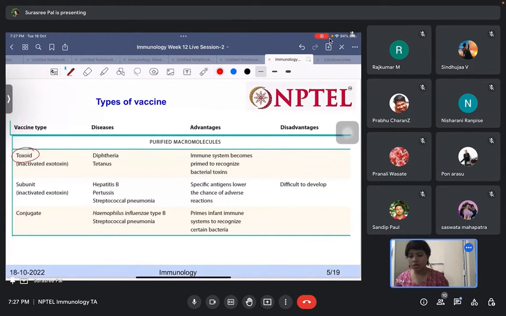right? So it is inactivated by use of formaldehyde, and then vaccination with this toxoid induces antitoxin antibodies, right? Which are capable of binding to the toxin and neutralizing the toxin.